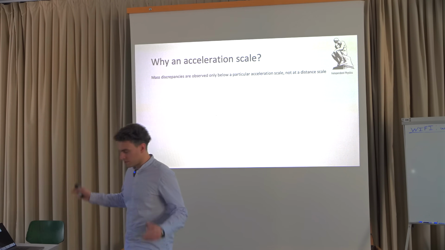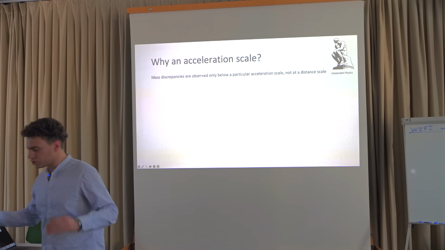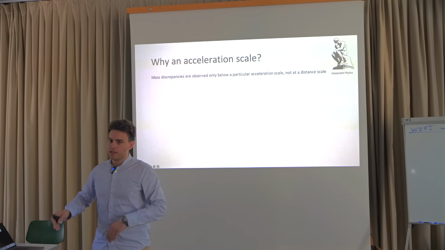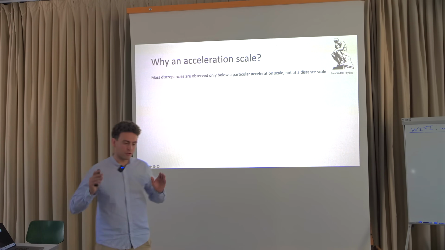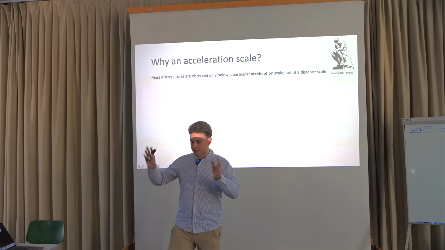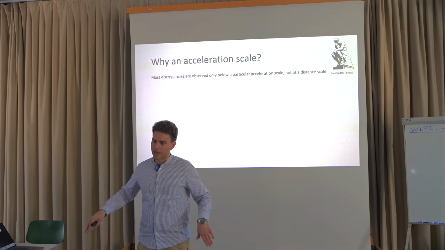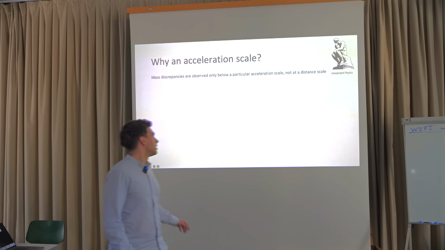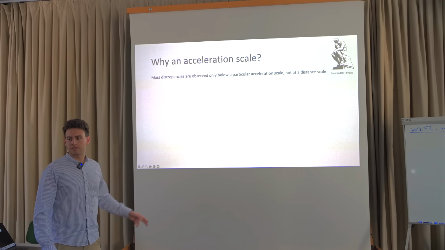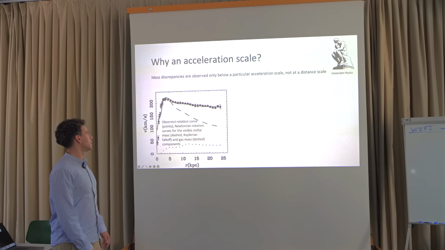The easiest way to do it would be to change how gravity or inertia behaves at a particular distance scale, but you cannot do that. You cannot fit a law of gravity which changes at a particular distance scale for all the galaxies. Why is that? Because it's related to an acceleration scale, not a distance scale and not a mass scale.